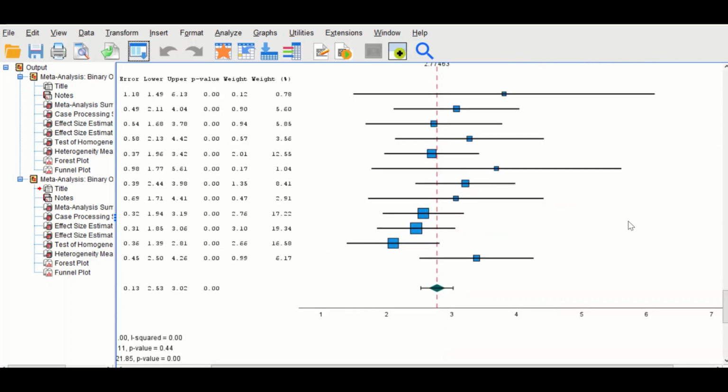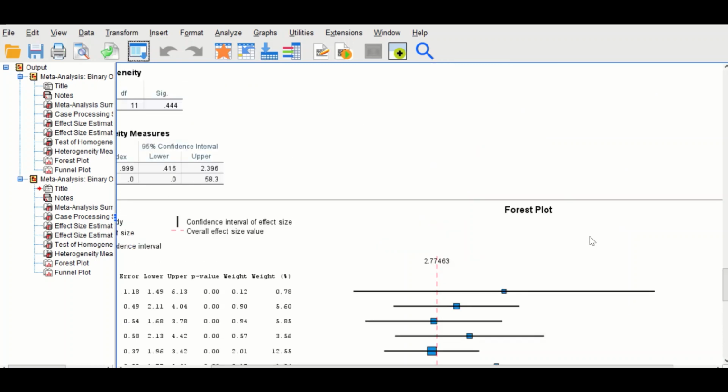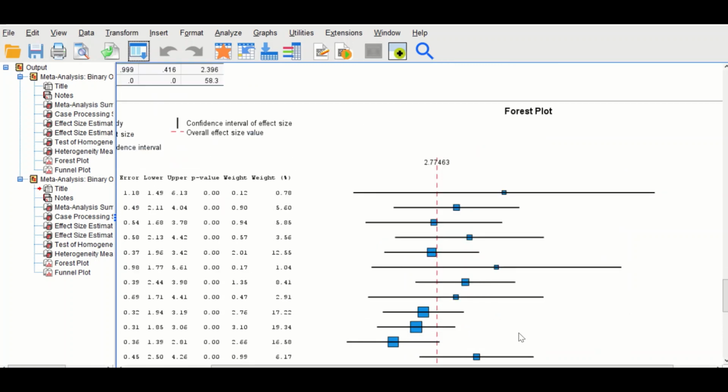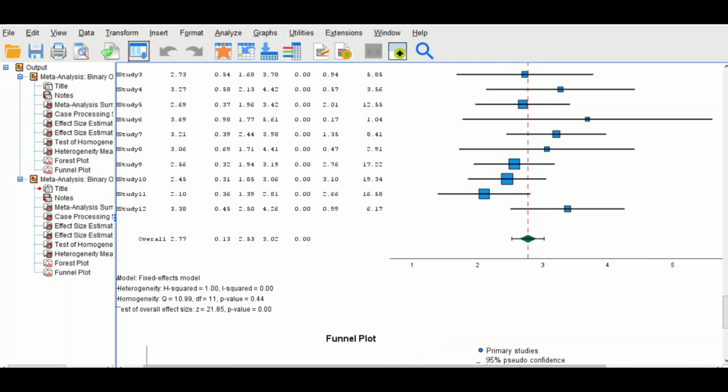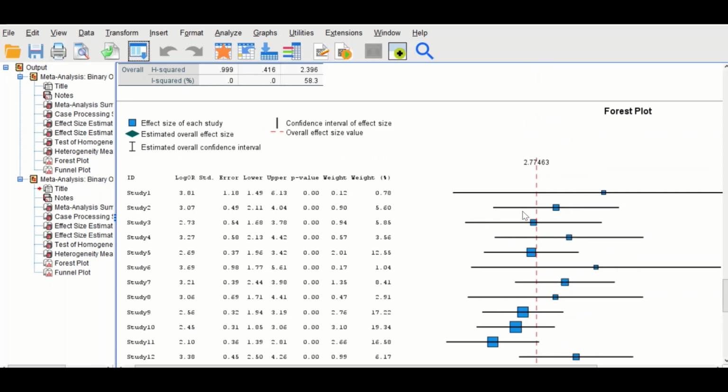Looking at the second section here, which is the diagrammatic representation of the effect size for each individual study and the overall effect size. And if we look at the legend here, we notice that the square symbol here represents the effect size for each study. So each study has its own effect size.